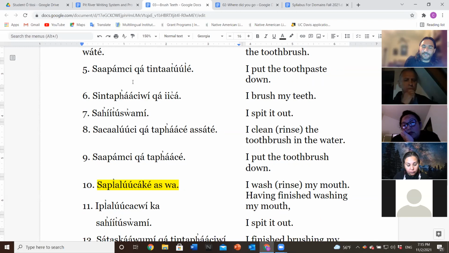A lot of times verbs end with this E sound, and nouns can end in different ways, but if it ends with e, it's like a noun, saying a thing that does that.